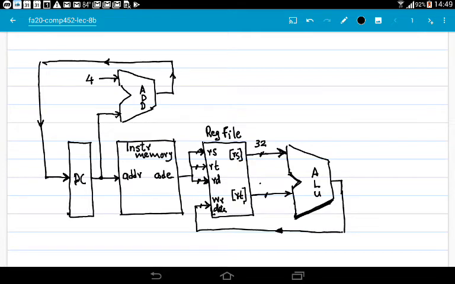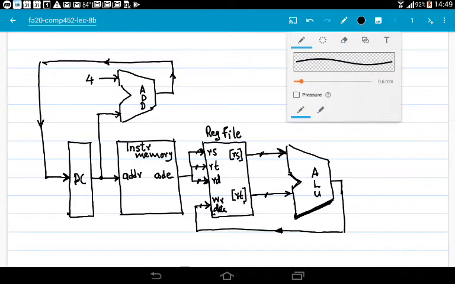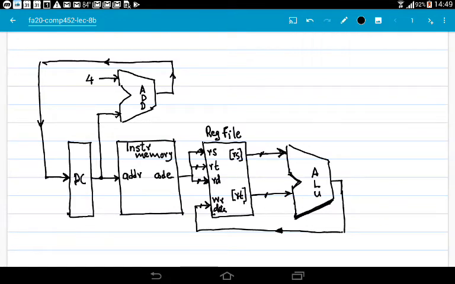This is apparently one line, but actually this is a 32-bit number, so therefore 32 signals. Oh, sorry, not 3R, but 32. I'm actually going to erase these numbers because I'm going to be needing this space for writing some important stuff.